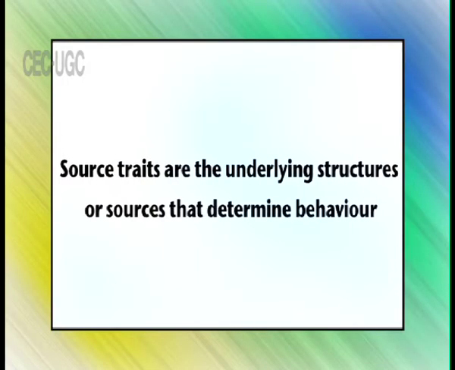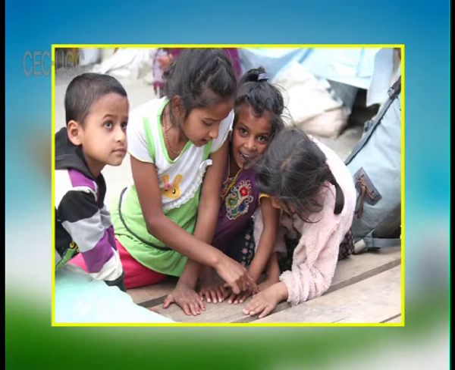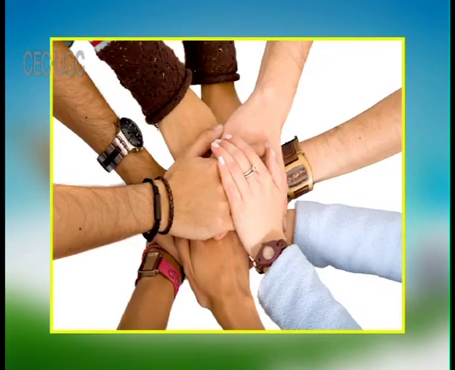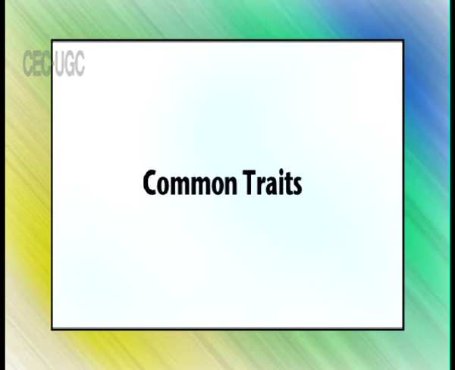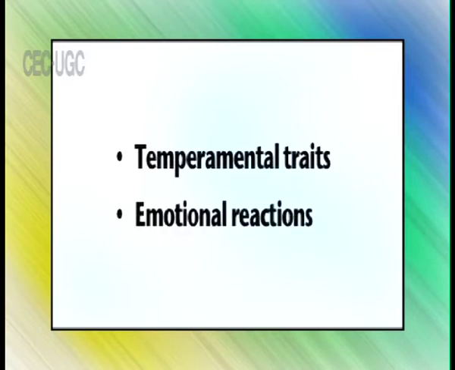Source traits are the underlying structures or sources that determine behavior, such as dominance, submission, emotionality, etc. The traits found widely distributed in the general population, like honesty, aggression, and cooperation, were termed common traits. Unique traits are unique to a person, such as temperamental traits, emotional reactions, etc.